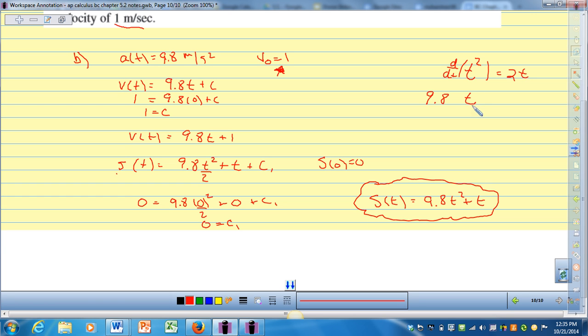But we did not end up with 2t, we ended up with 9.8 as a constant out in front times t. So I must have something that cancels out that 2. So I must have started with 9.8 t squared over 2. If we look at the derivative with respect to time of t squared over 2, we get 2 times t over 2. The 2's cancel, and we are left with t.